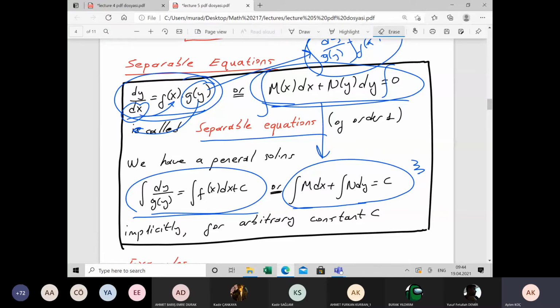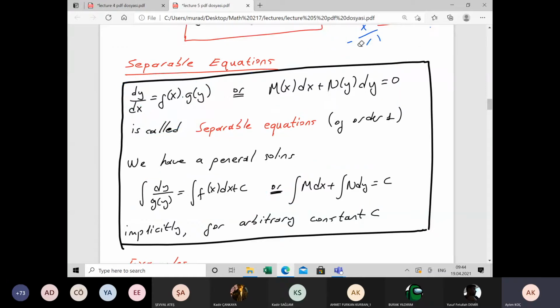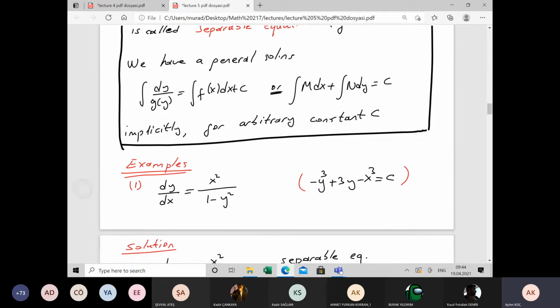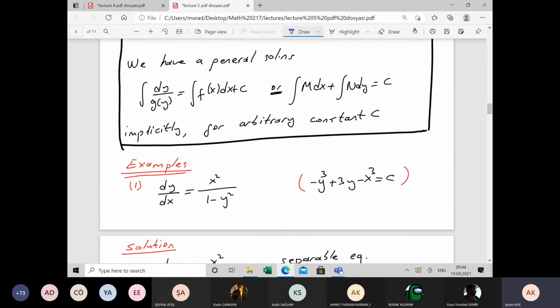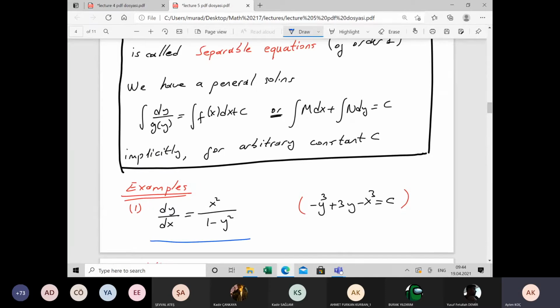So to understand this type of equation, how to find the general solution of the separable equation, let's give an example. First of all, look at this one. Our aim is to get the solution. We claim that this one is the general solution of our differential equation.